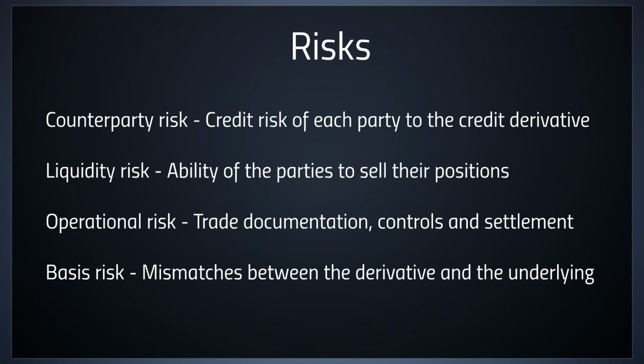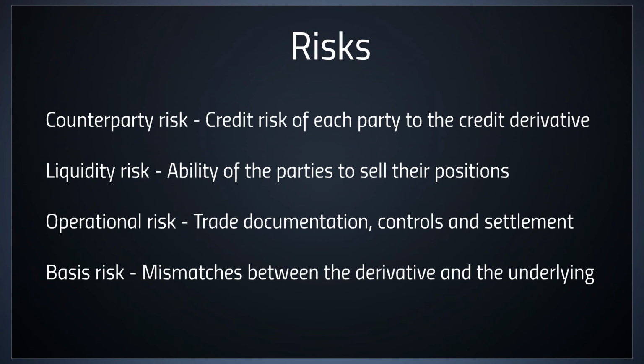We have an operational risk, just the documentation, all of the paperwork, the internal controls, and how we settle the credit derivative. And then we also have a basis risk that can occur if the credit derivative underlying or reference obligation is not the exact amount that we're hedging against.